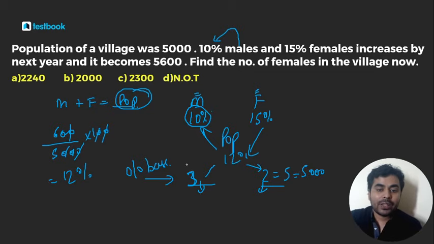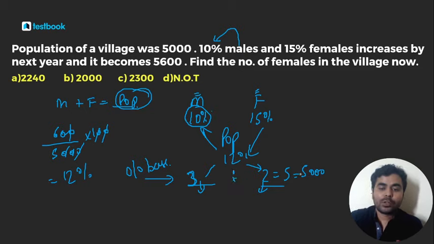Again, when we put percentage values here, these ratios are on a percentage basis. The 10% base was earlier males and the 15% base was earlier females, so these are the ratios of earlier males and earlier females.